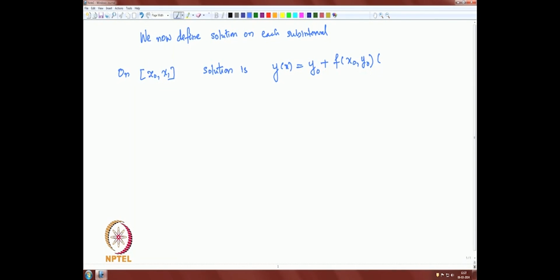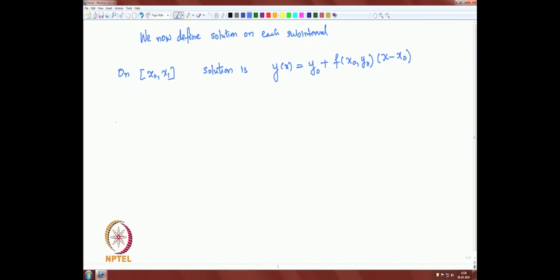This is the equation of a straight line having slope f(x0, y0) and starting from the point (x0, y0). This is the solution on the interval [x0, x1].